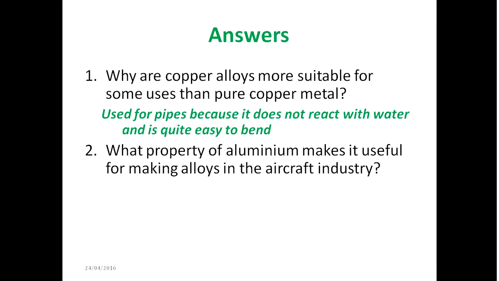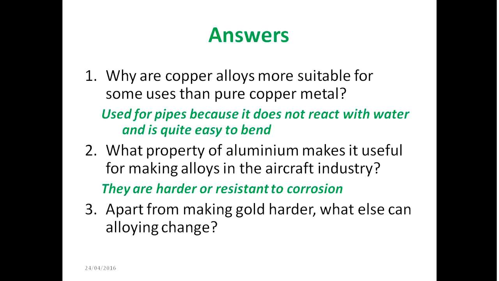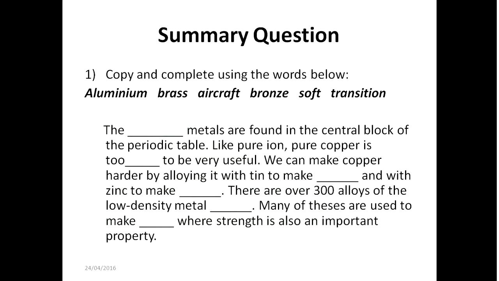Question 2. What property of aluminium makes it useful for making alloys in the aircraft industry? And the answer is they're harder and resistant to corrosion. Question 3. Apart from making gold harder, what else can alloying change? And the answer is the color of gold.